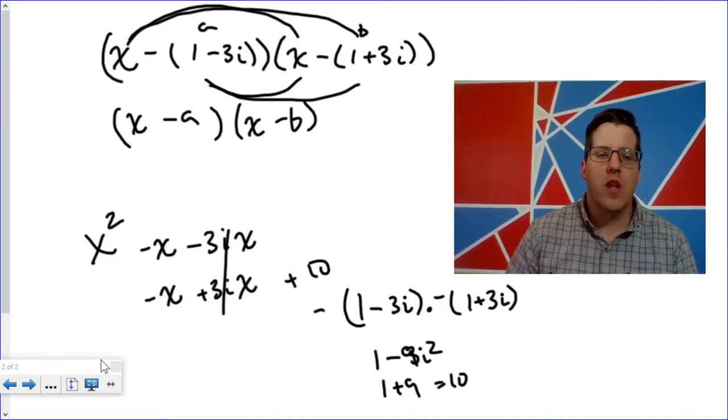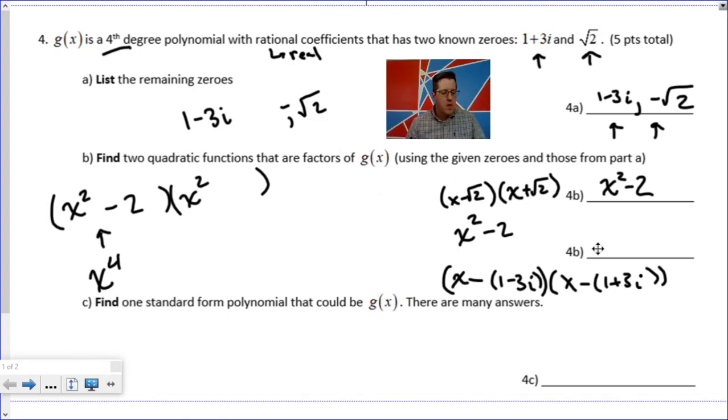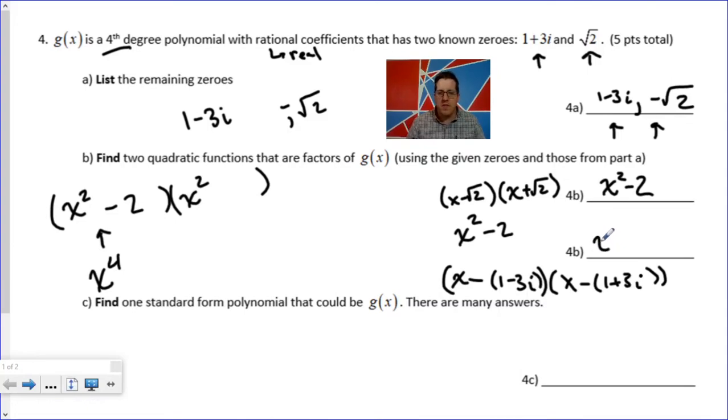So we're going to get x squared minus 2x plus 10. There is absolutely a shortcut to figuring out what this quadratic is going to be based on what this 0 is, but I don't want to ruin it for you. It's way more fun to figure it out yourselves.